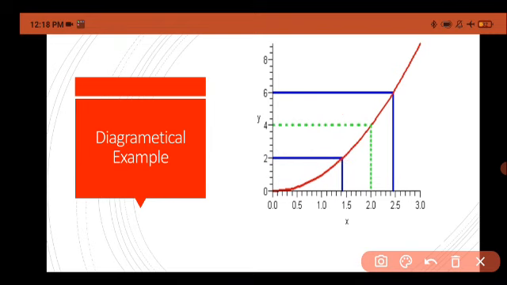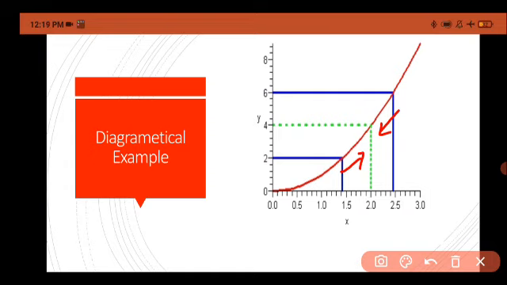So the diagrammatical example of this limit. Suppose x is approaching from this way, so we will be getting the left hand limit. If x is approaching from the right side, then it is RHL, the right hand limit.